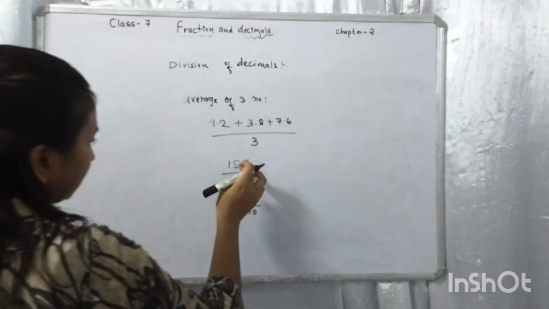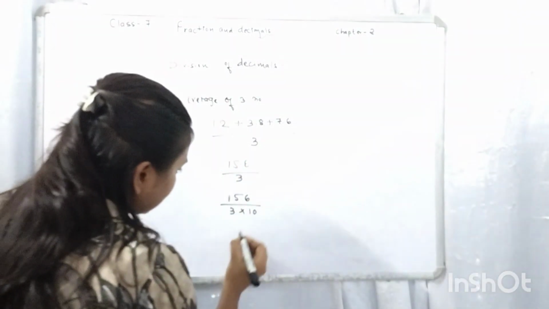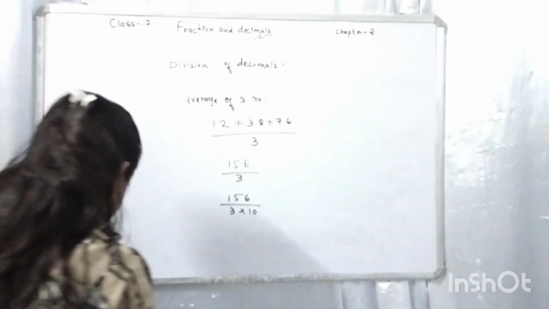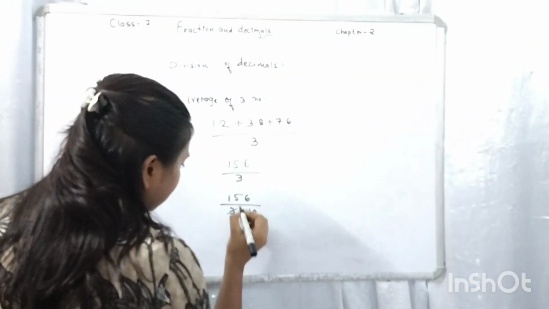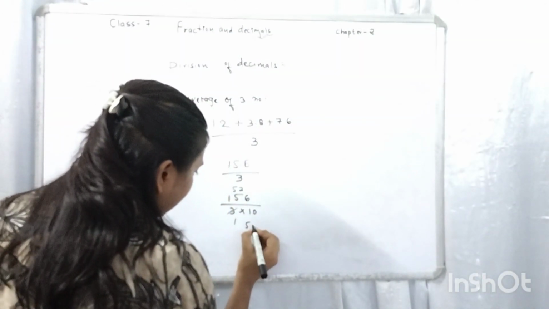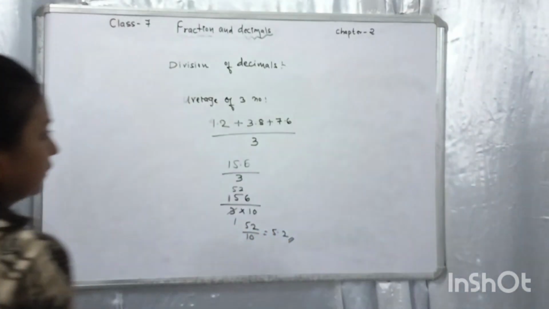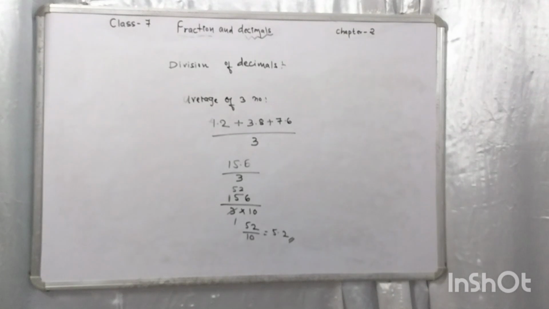You will multiply it with, divide it by 10, which will give you this. Now if we cut, then you can see that 3 ones are 3, 3 5s are 15, 3 2s are 6. So 52 divided by 10, which will give you 5.2. So this is how we divide one number with a whole number.